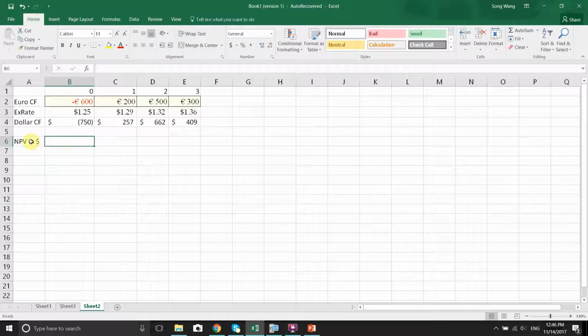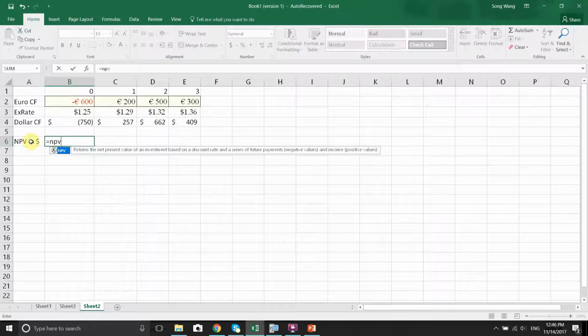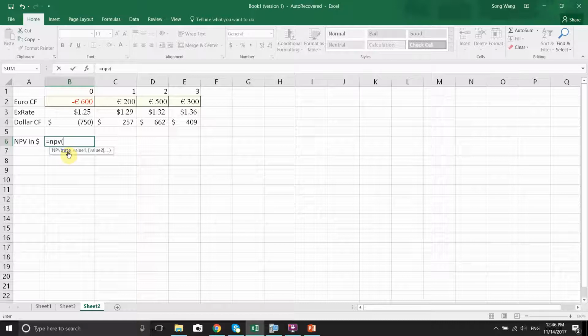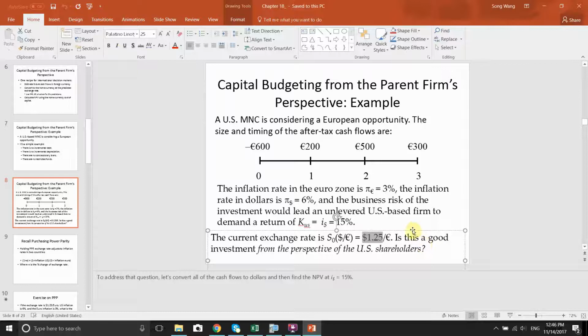All right, so the NPV right here is based on several things. The first thing is the discount rate. That discount rate is purely determined by U.S. finances, or the U.S. cost of capital. We need to find a number there, and then we're going to plug it into the cash flows. In the context, it says the firm has a cost of capital of 15%.